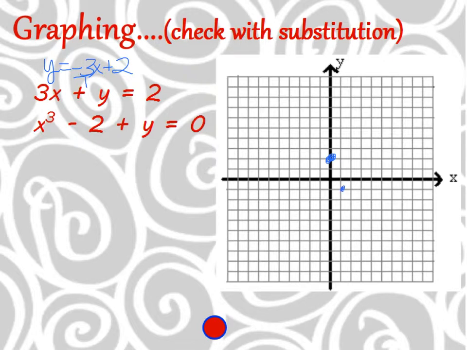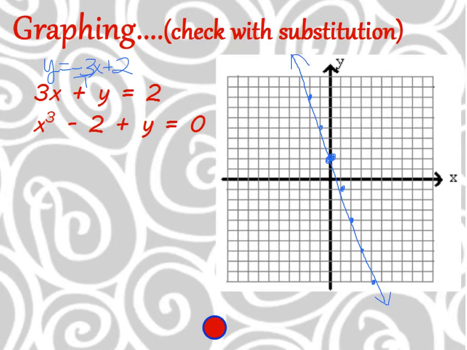And since you're going to be looking at where they intersect, you're going to want to do this for as much as you can on your graph. So I'm even going to go up 3 and left 1. Up 3 and left 1. Get as many of those as you can in there because you really need this to be an accurate graph so that you get the points of intersection accurate. All right, so there's my line.